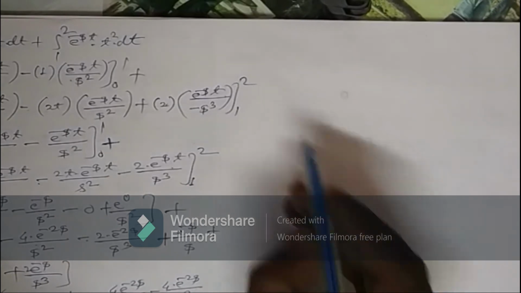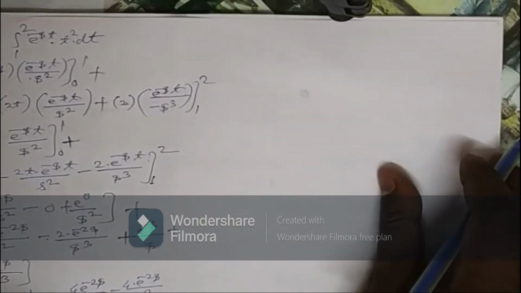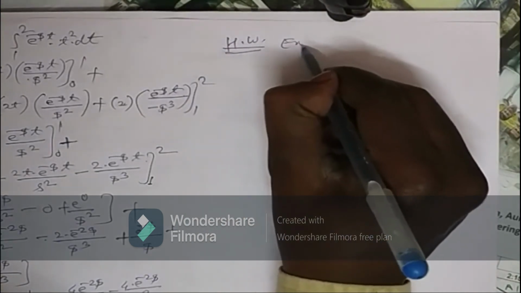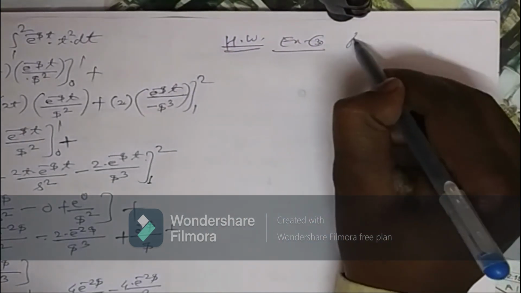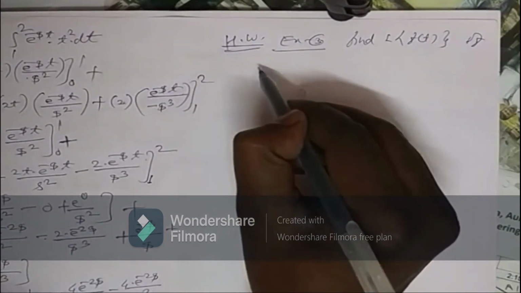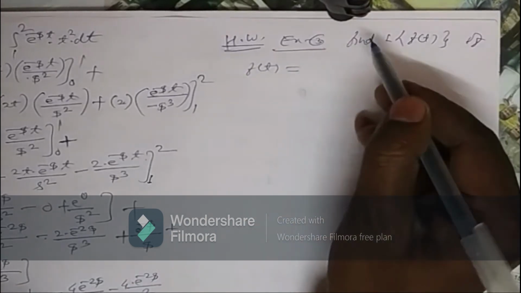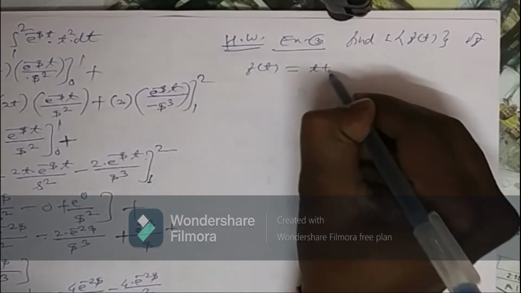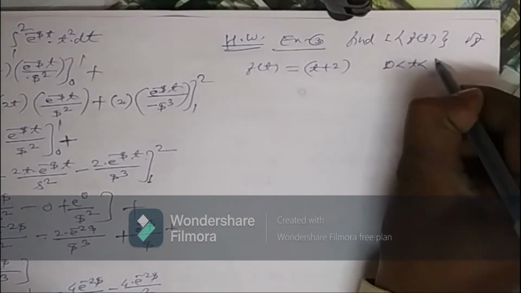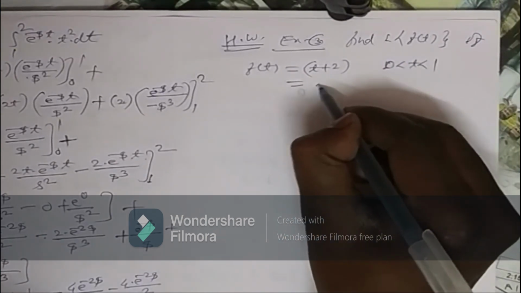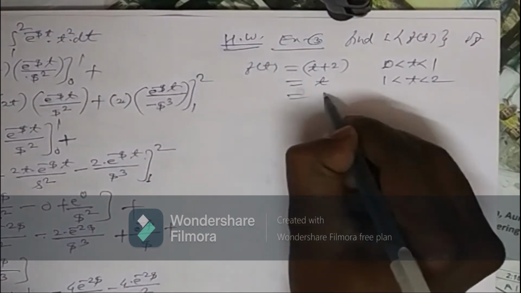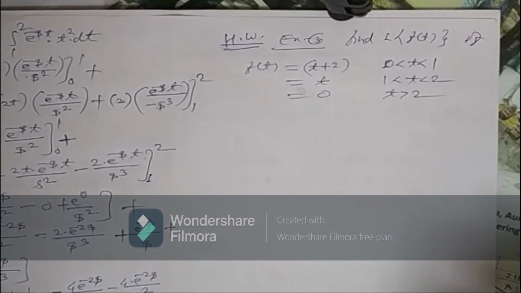Now let us take some examples for homework. Example number 3, find the Laplace transform of f of t if f of t is equal to t plus 2 for 0 less than t less than 1, equal to t for 1 less than t less than 2, and equal to 0 for t greater than 2.